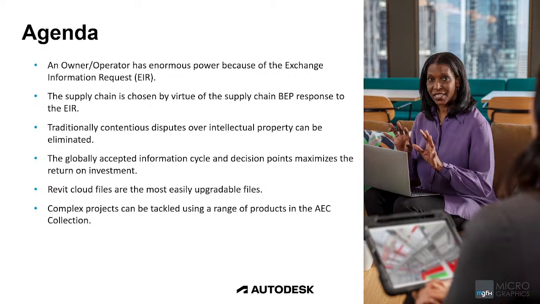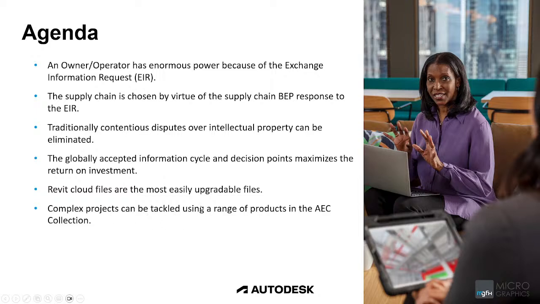But for as long as Revit is operating in the way that it operates now, we can upgrade Revit from year to year as it evolves without having a Revit license, just by virtue of having access to the information model. So it's an intelligent choice from an appointing party perspective to stipulate Revit cloud files and the Autodesk Construction Cloud.